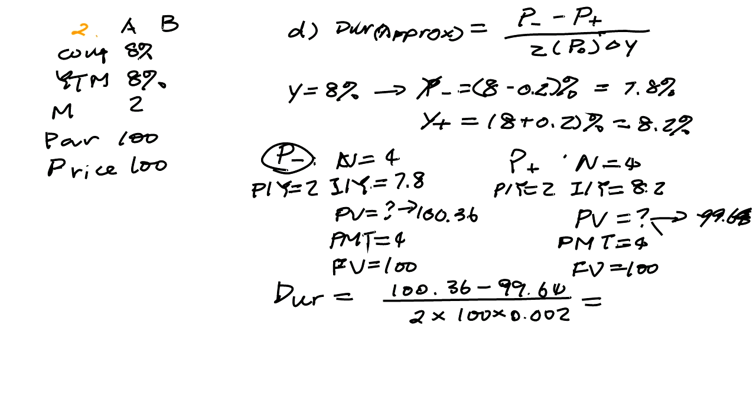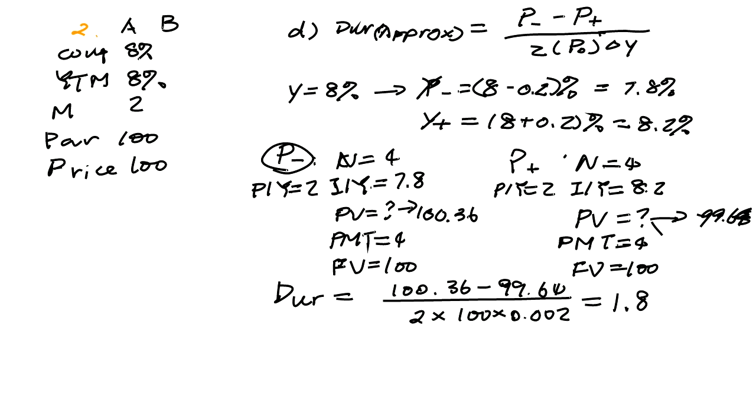Okay, so let me quickly double check. We are going to take 100.36 minus 99.64, divided by 100, divided by 2, divided by 0.002. It's going to give me a duration of 1.8.